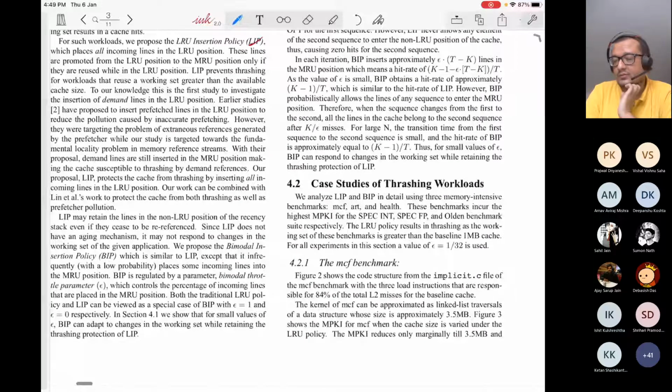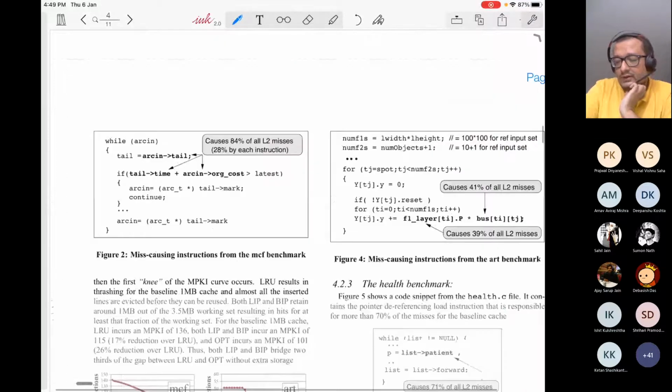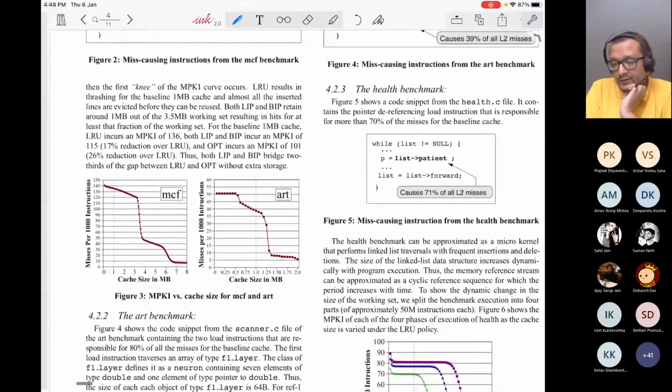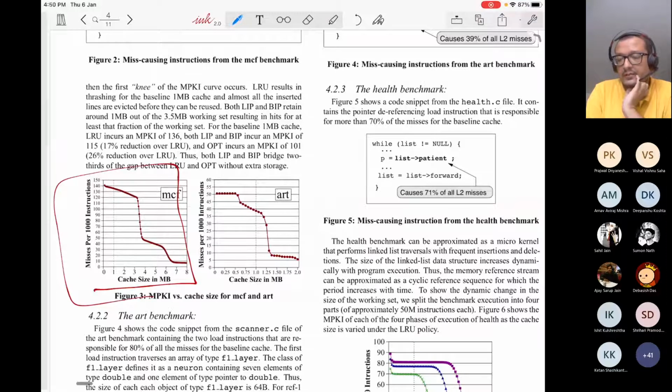This section 4.2 says, if you are going for a thrashing workload, so there is a benchmark which is actually thrashing, what exactly happens? If you look at this particular plot, it's a thrashing working set. Why? Because the x-axis has the cache size, going from 1 MB to 8 MB, and the cache size used for this evaluation is 1 MB.